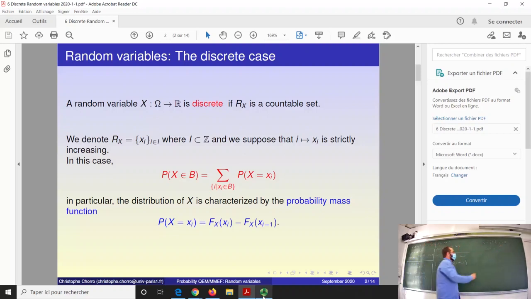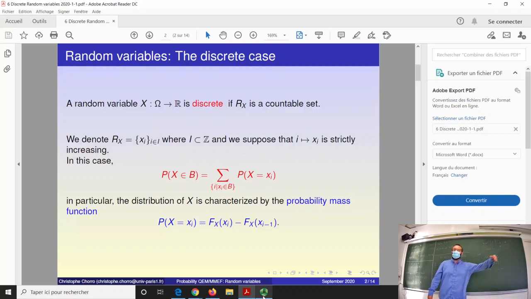So let's take an example. If I have I that is equal to 0, 1, ..., n, it means that my set of possible elements is just x0, x1, ..., xn, and my hypothesis just means that I have x0 strictly less than x1 until strictly less than xn.